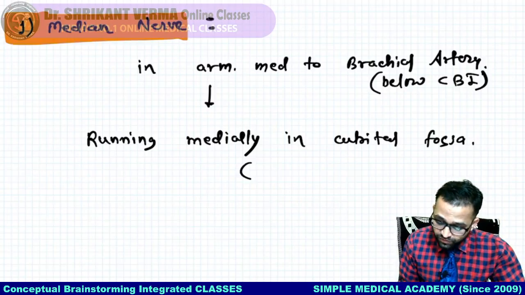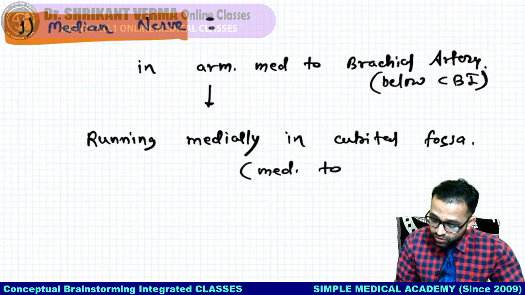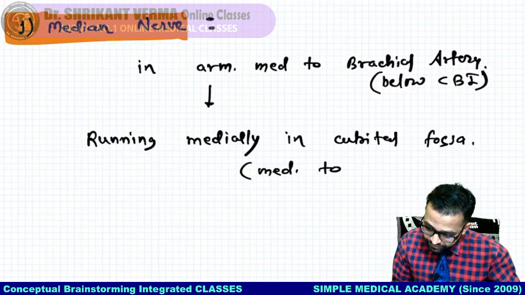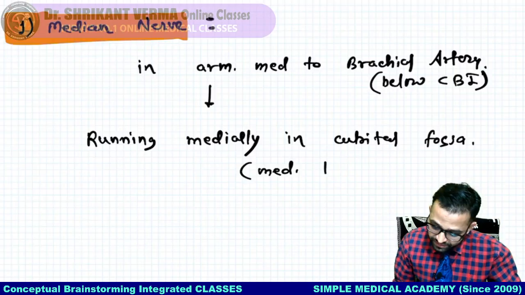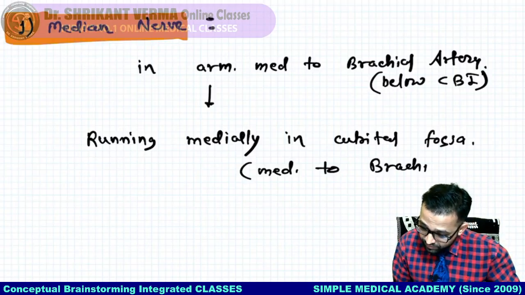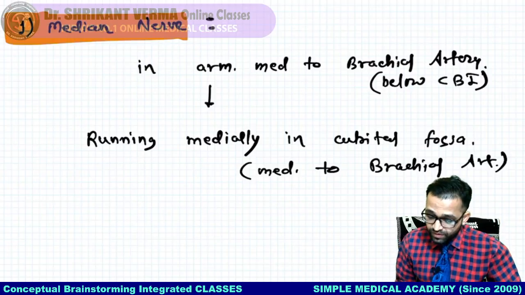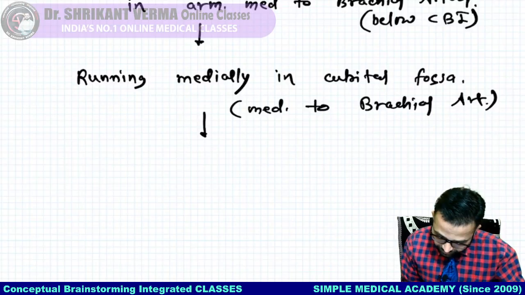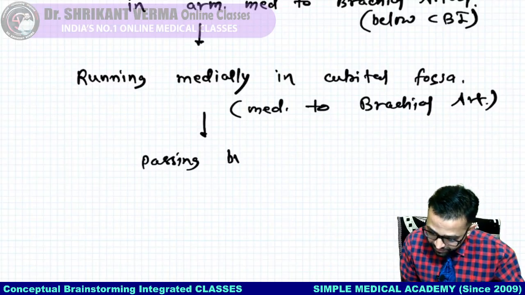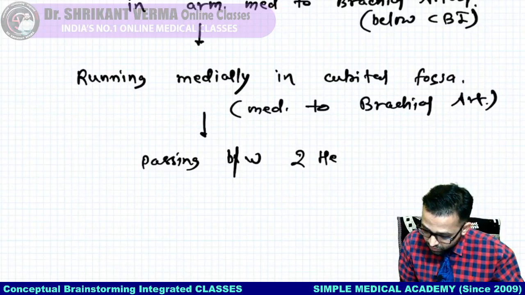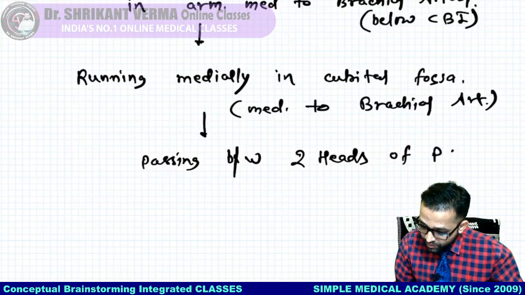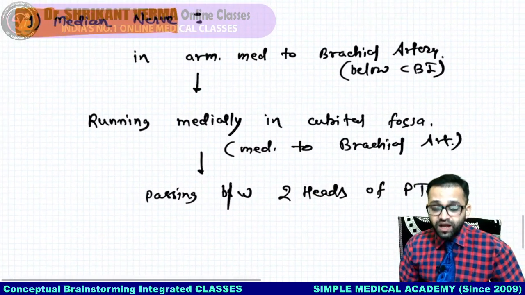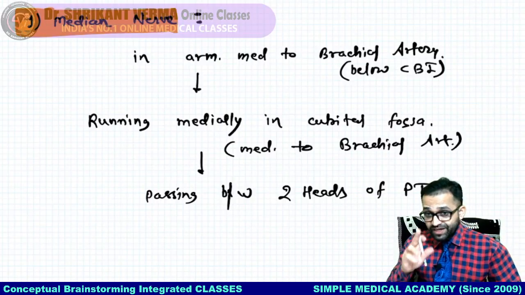Especially what you have to remember is that it is running medial to our brachial artery again. Then it is passing between the two heads of the pronator teres muscle. Fine. So these are the points about the median nerve in the cubital fossa.